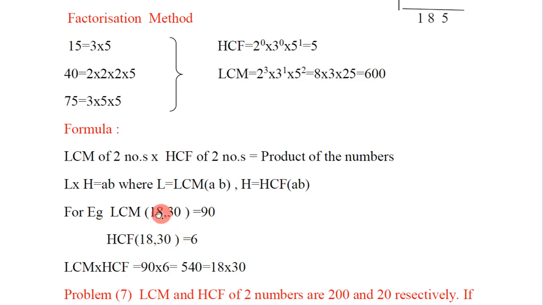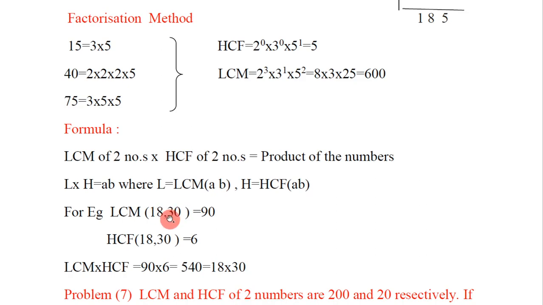For example, we considered LCM and HCF of 18 and 30. We can do it orally. So the highest common factor of 18 and 30 is 6. 6 is common to both 18 and 30 and it is the highest. Then the least common multiple of 18 and 30. Just to check it orally, you find the multiples of the higher number among the two.